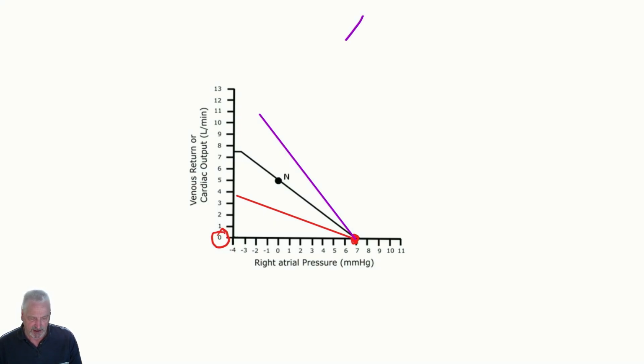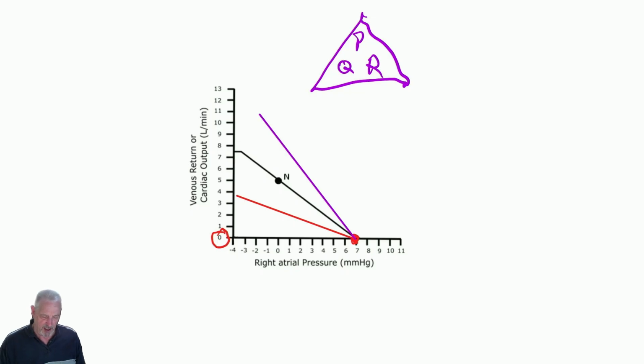And again, using our triangle, B, Q, R, this time we're interested in resistance. So we're going to do a pressure drop over a flow. Let me just write that explicitly.